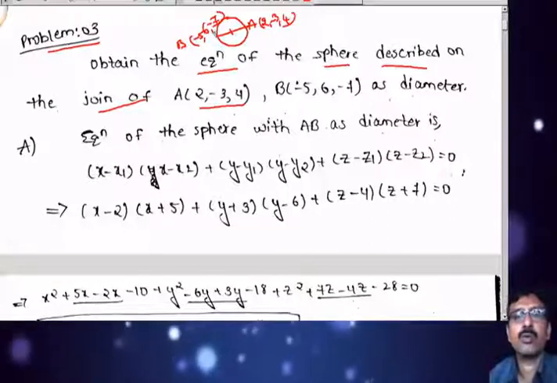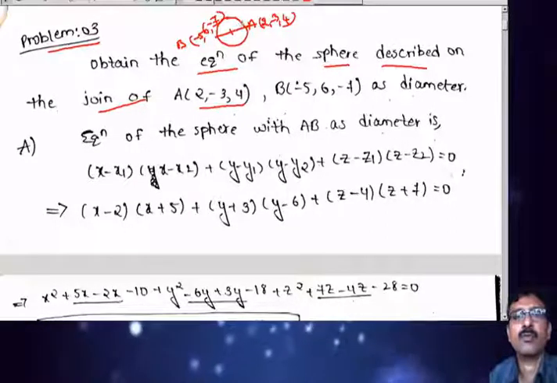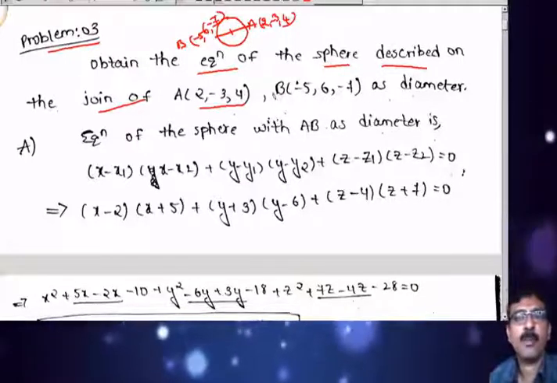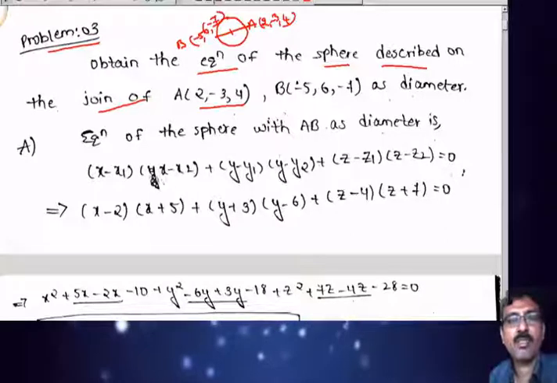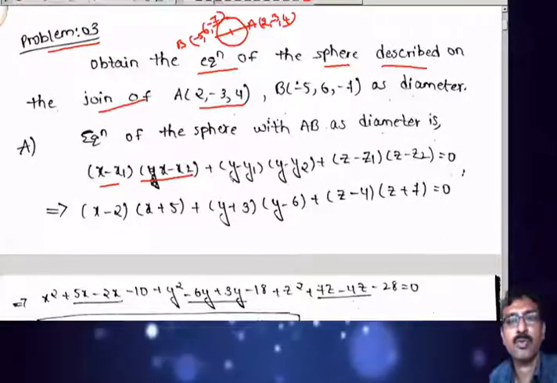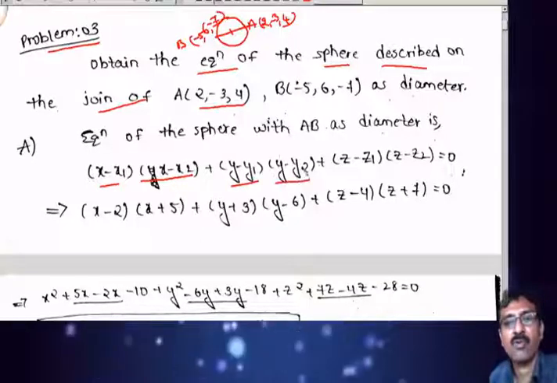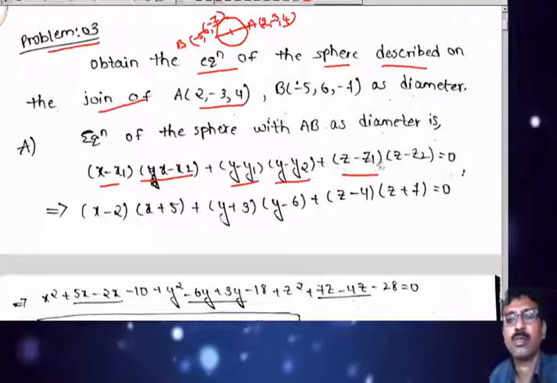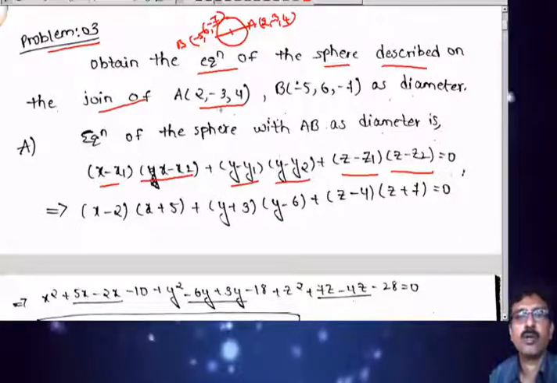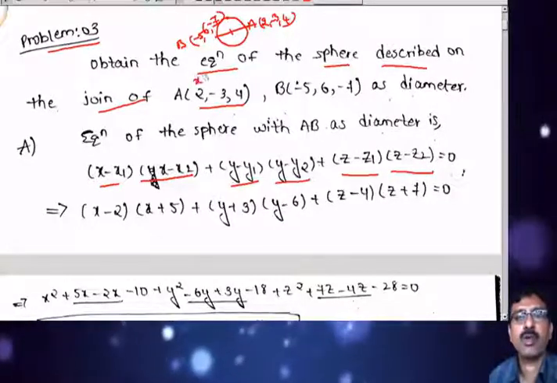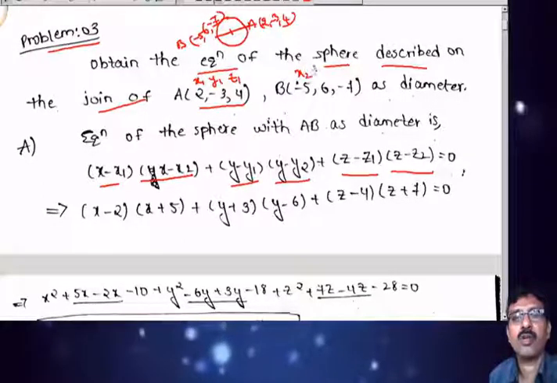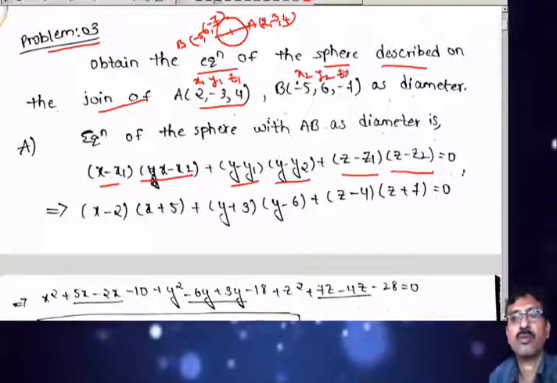Here the coordinates of the two ends of the diameter are given. So taking the previous formula, it is x minus x1 and x minus x2, y minus y1, y minus y2, z minus z1, z minus z2 equal to 0. We are substituting values, here it is x1 y1 z1 and x2 y2 z2.